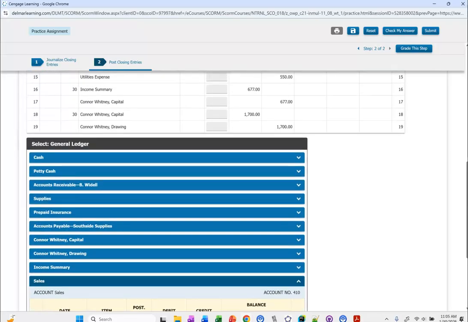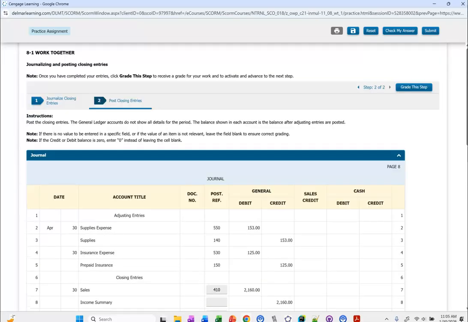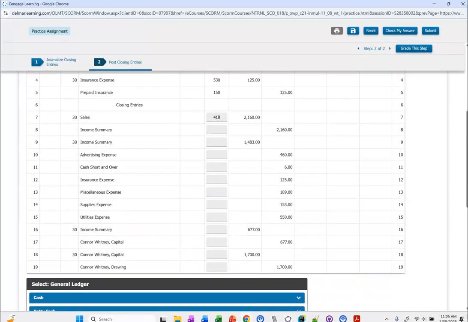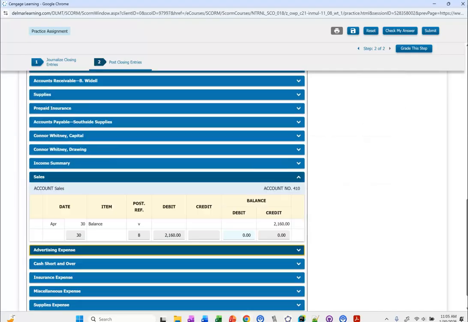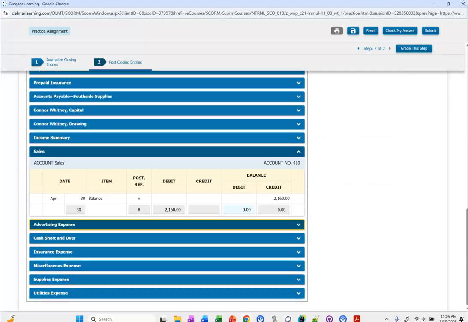So if you look at the directions here, if the credit or debit balance is 0, enter 0 instead of leaving the cell blank. That is only for the ledger accounts, and only for that final line there. So I do have to do that. Pretty good so far? Wait, what? Is there a circumstance where it will be a number instead of 0 and 0, or is it pretty much always 0?